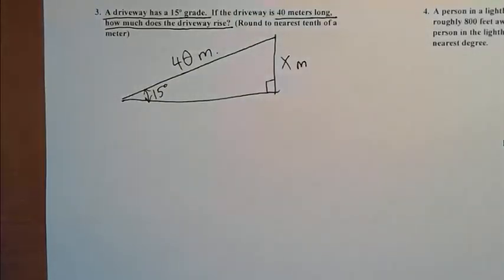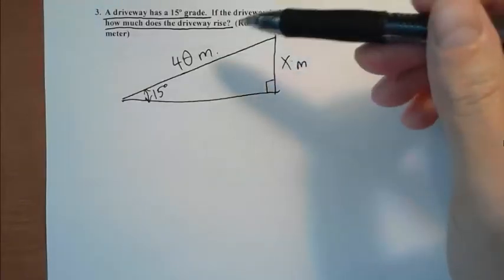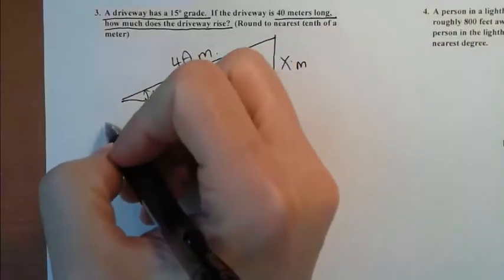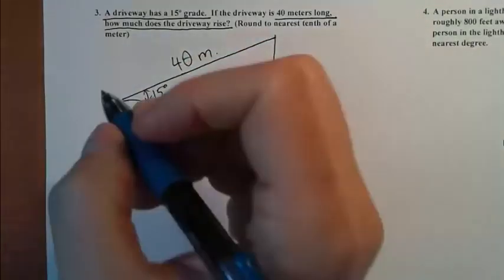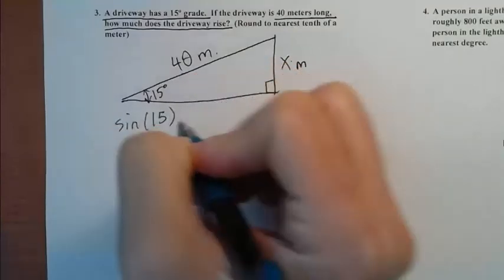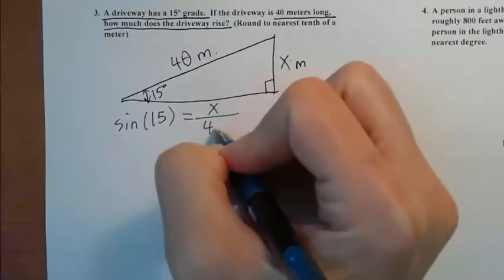Now that we have our diagram drawn to match our word problem, we want to use sine, because opposite is our x side and our hypotenuse side is 40 meters. So we now would have a function of sine of 15 degrees equal to x divided by 40.